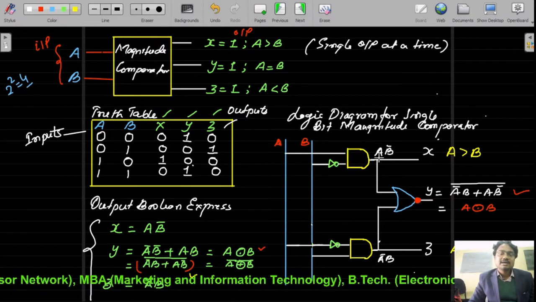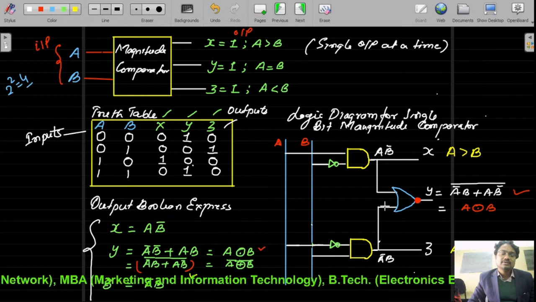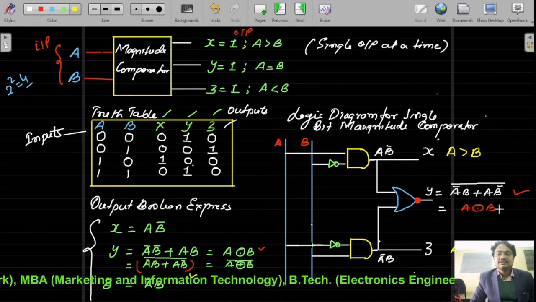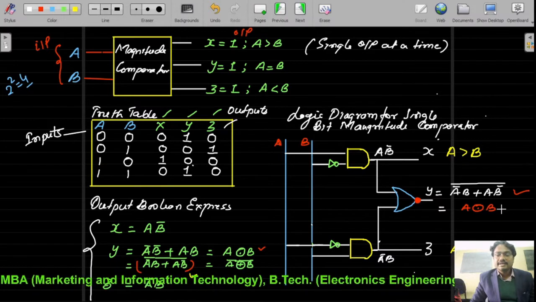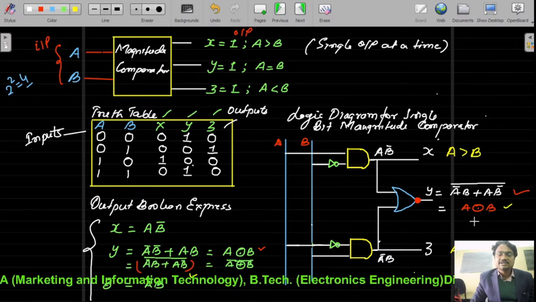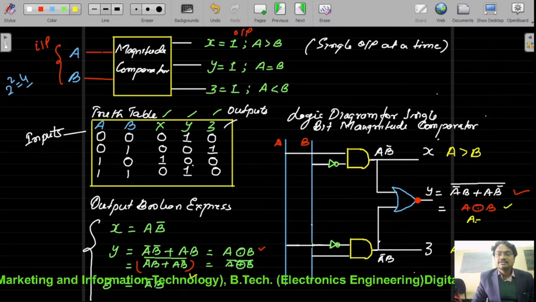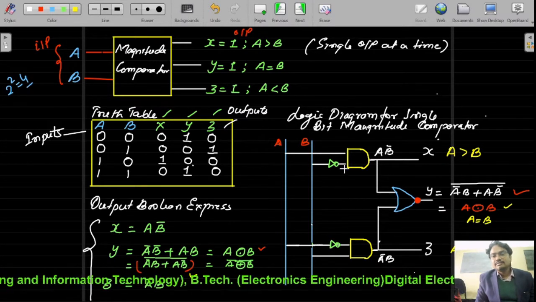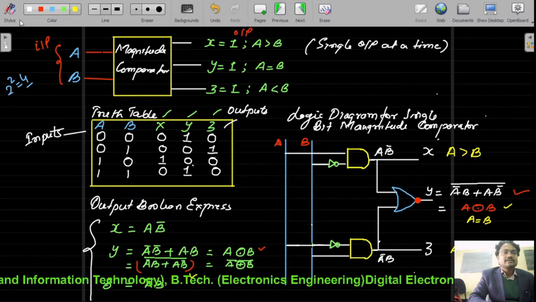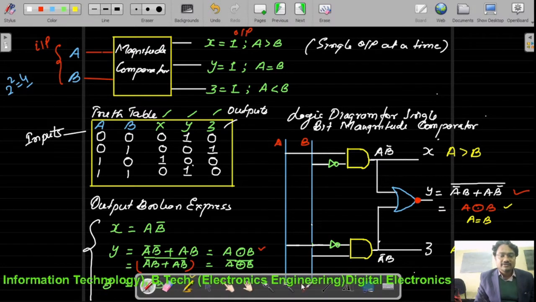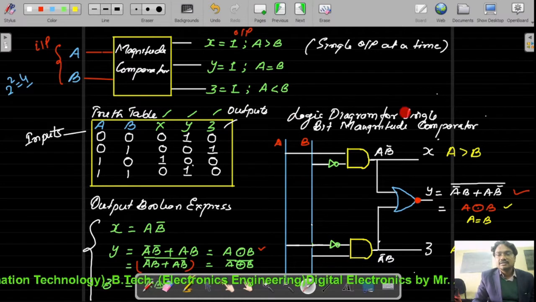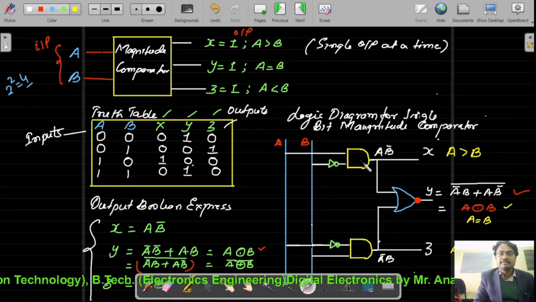So if we pass these two outputs into one NOR gate, then we have the expression a XNOR b, which signifies that a is equal to b part. In this manner we are able to implement our logic diagram for the single bit magnitude comparator.